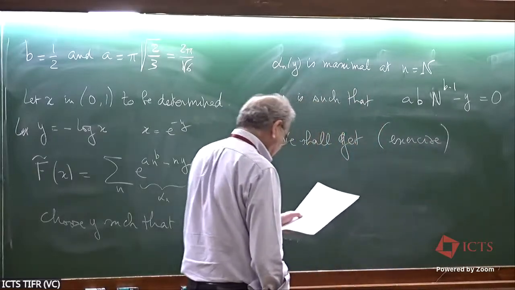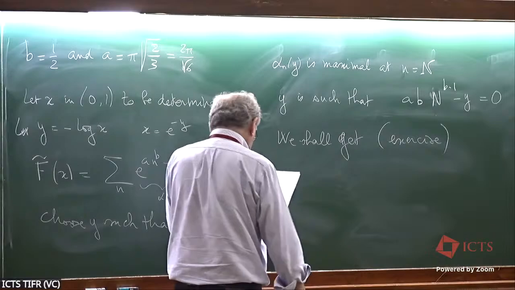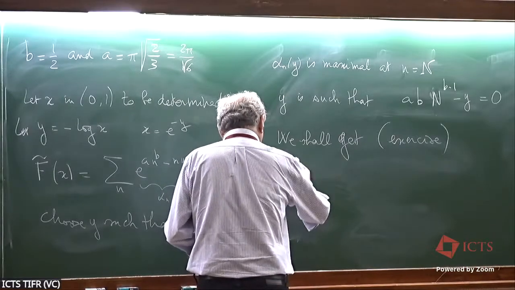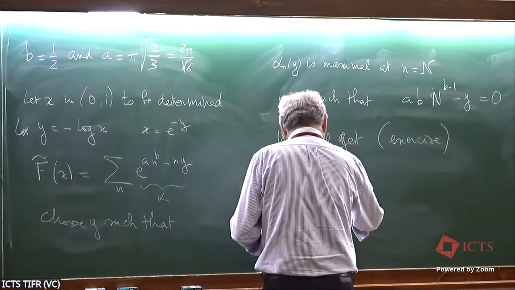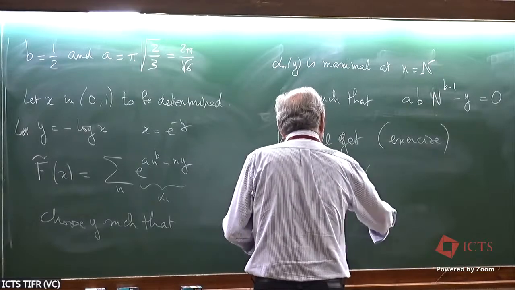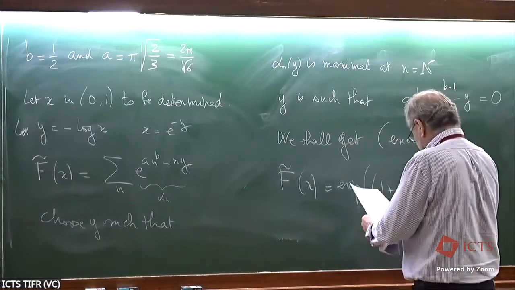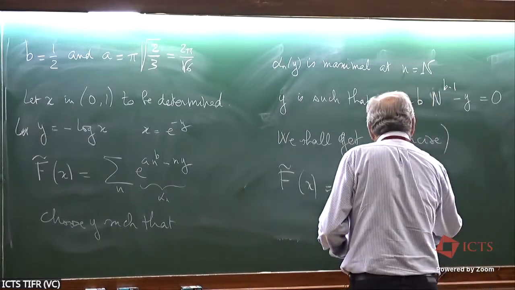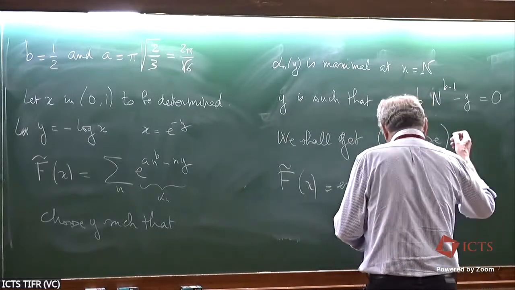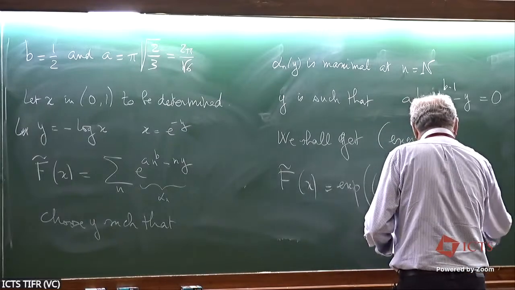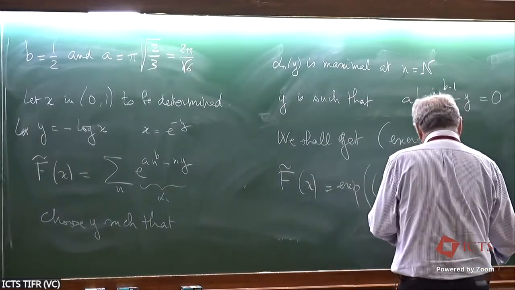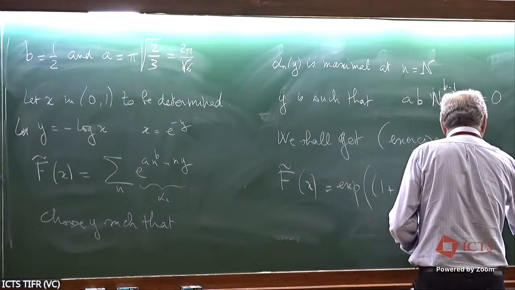It's just a few lines, but there is no point to write that. What is important is to have f of x will be exponential of 1 times c tilde times 1. I don't want to write the constant. What is important is to have this 1 minus x to the b divided by b minus 1.